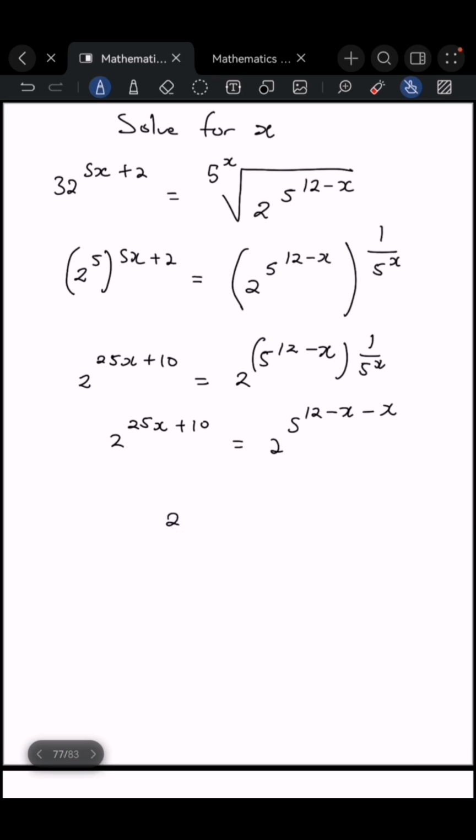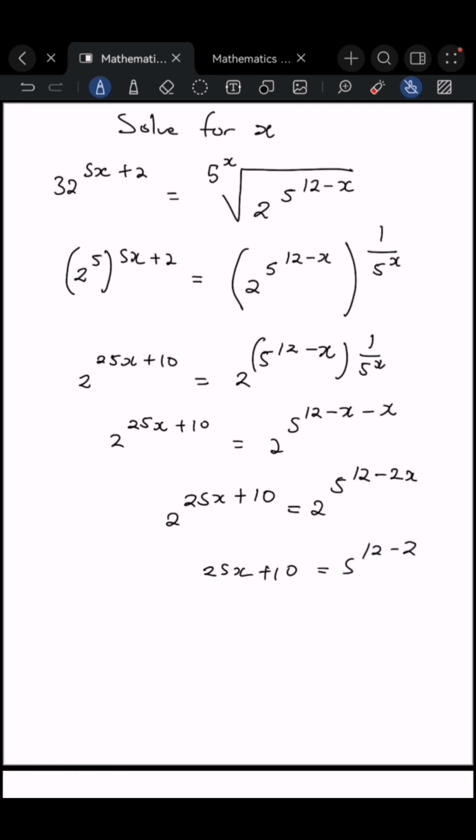So it's going to be 2 to the 25x plus 10 is equal to 2 raised to the 5, 12 minus 2x. From this we could see that 25x plus 10 is equal to 5 raised to 12 minus 2x.